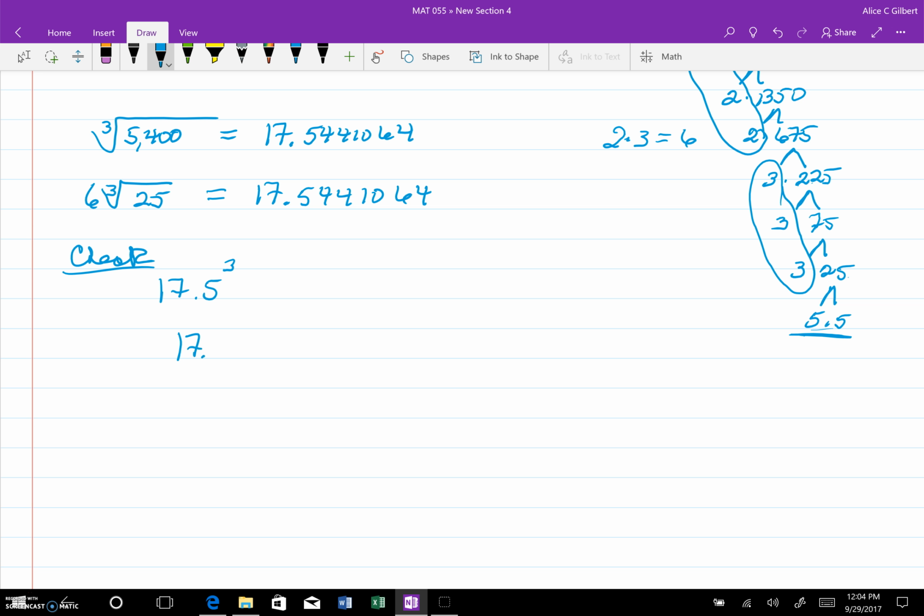So that's 17.5 times 17.5. So 5 times 5 is 25, 35, 37, and that's 8. That's 35, 49, 50, 51, 52, and 7 and 5 is 12, and then 5, 7, 1.